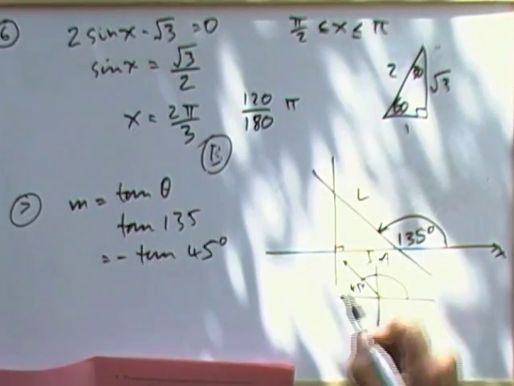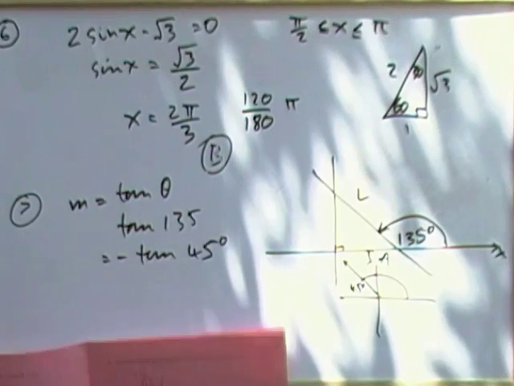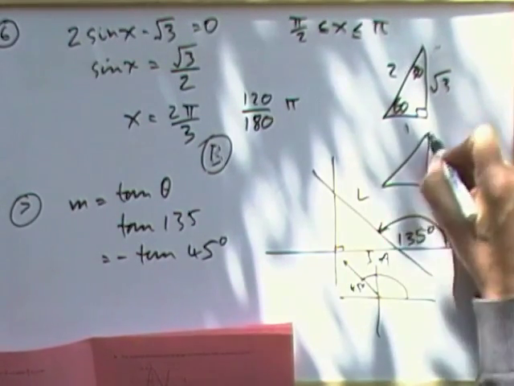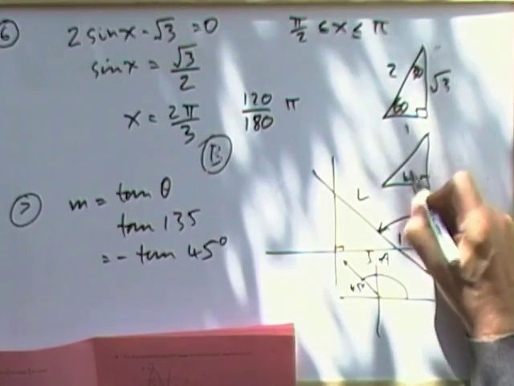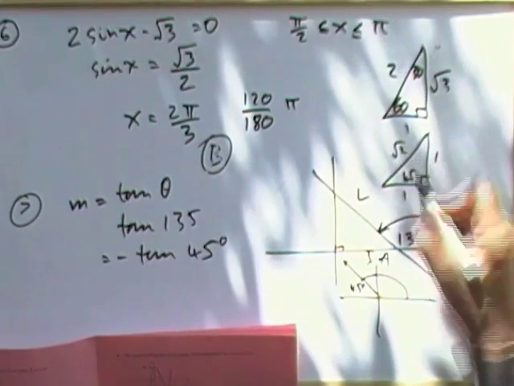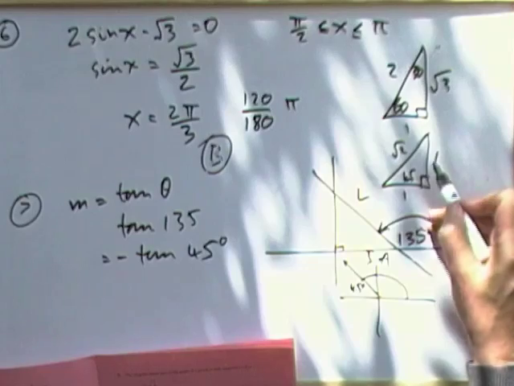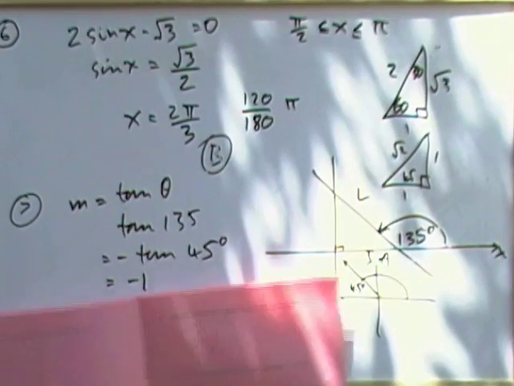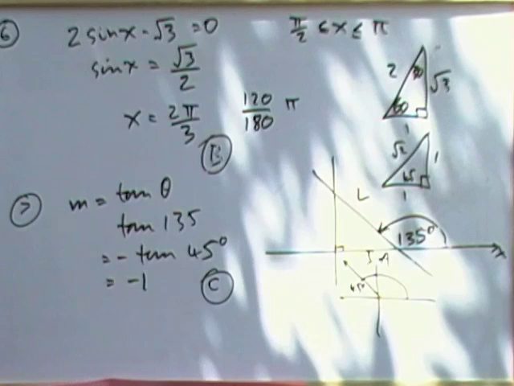Tangent is negative there. 45 degrees, that's one of the triangles you should know, which just goes 1, 1, root 2. So the tangent of 45, being opposite over adjacent, is 1 over 1, which is 1. So the answer is negative 1, and negative 1 is answer C.